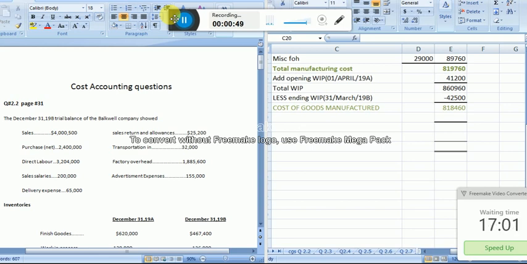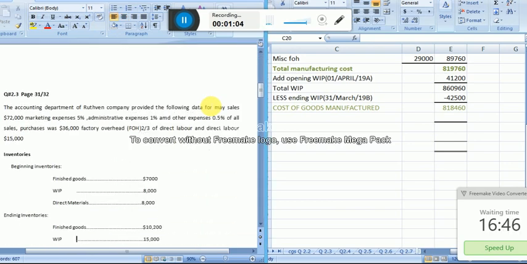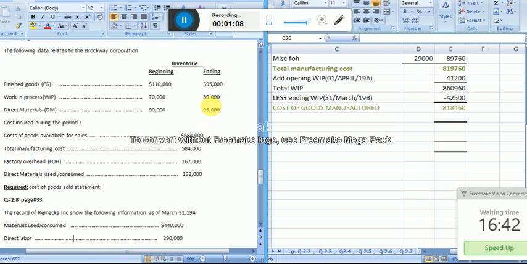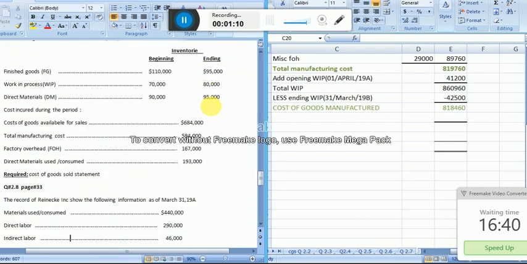But as you know, our previous year is 19A, so we will check in the question whether some finished goods remain from the previous year or not.